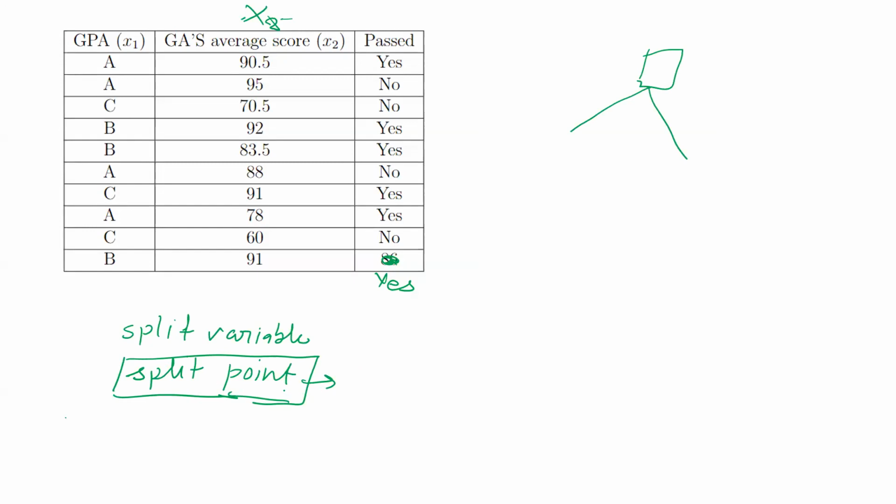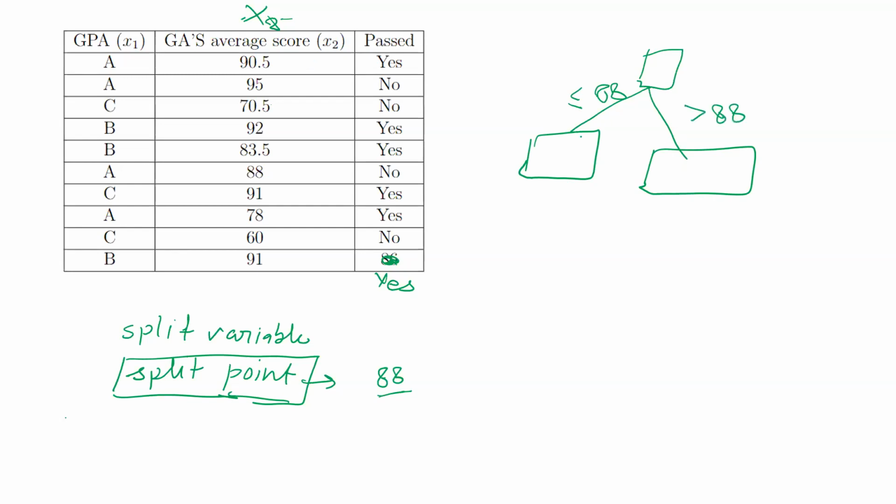I'm taking only one; you can check for every possible value here. Let's say the split point is 88. If the split point is 88, then what will be my child nodes? The left node will be for less than or equal to 88, and the right node will be greater than 88.